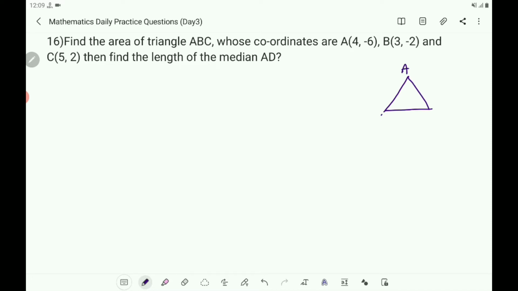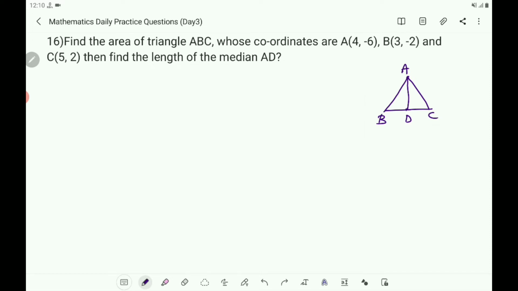This is a triangle ABC and D is a midpoint of BC and AD is a median. First we have to find the area of the triangle ABC by using the given vertices, and next we have to find the length of the median AD.